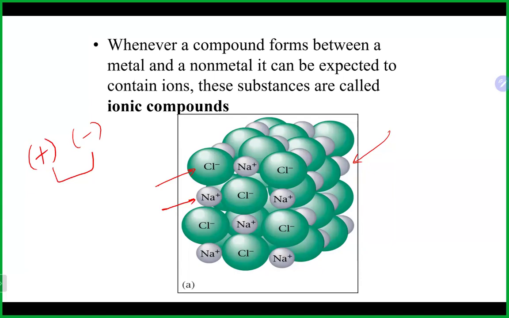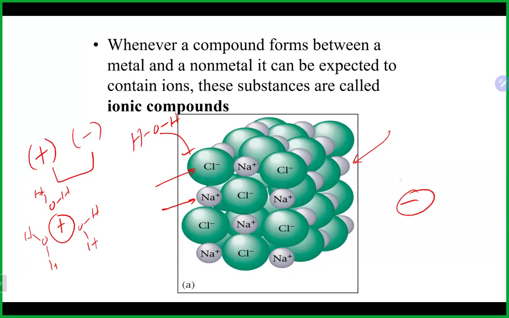What happens when you go to dissolve this is you take some water, and a bunch of water molecules surround each of those ions and pop them off from each other. So you have positive ions that get surrounded by waters, and negative ions that get surrounded by water as well.